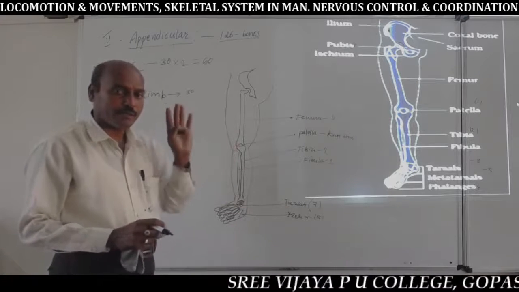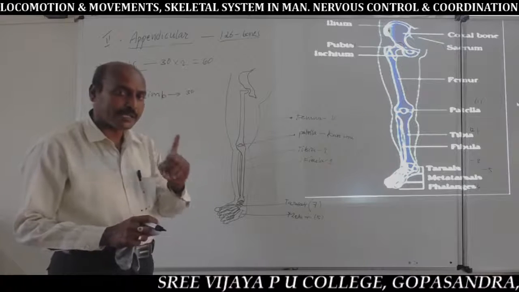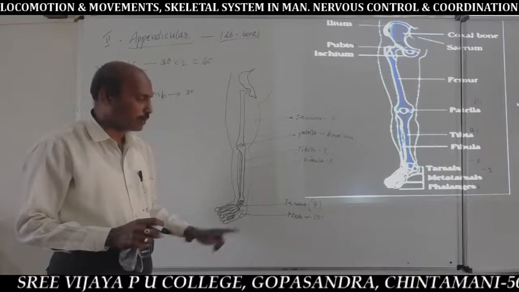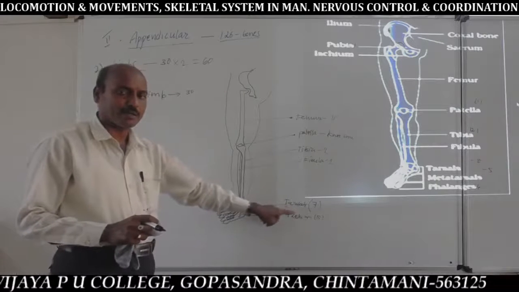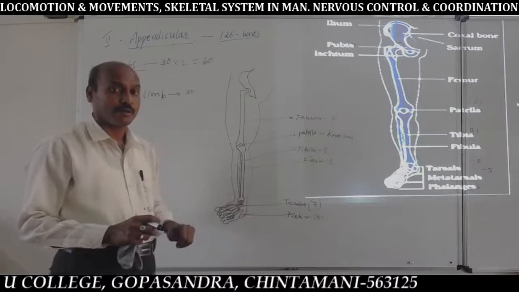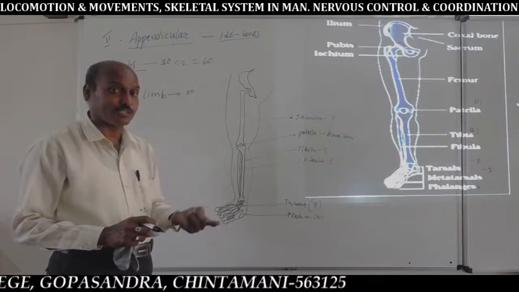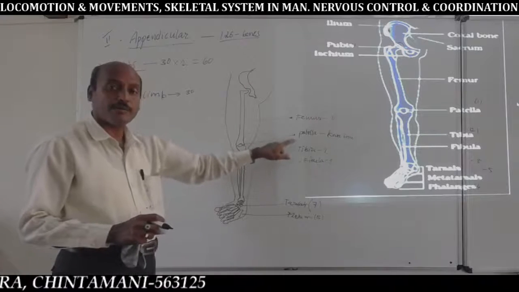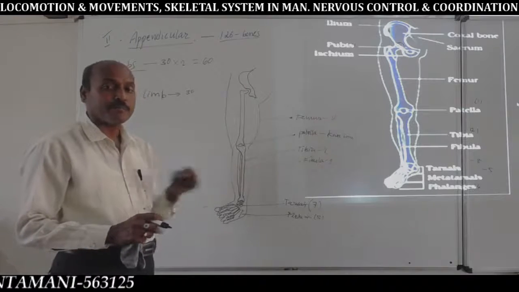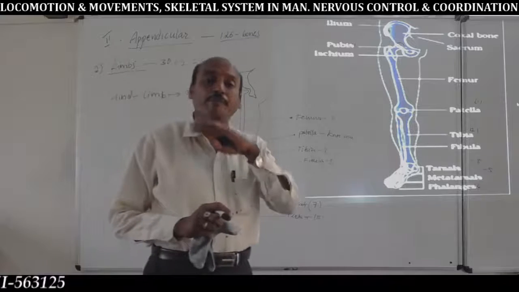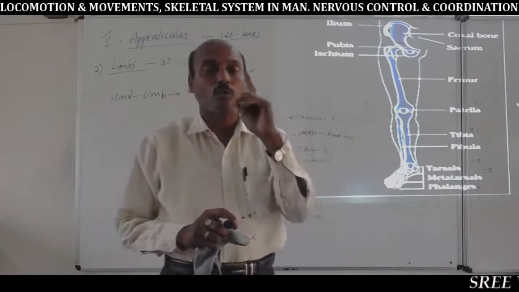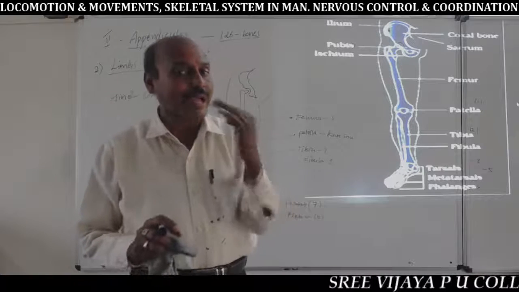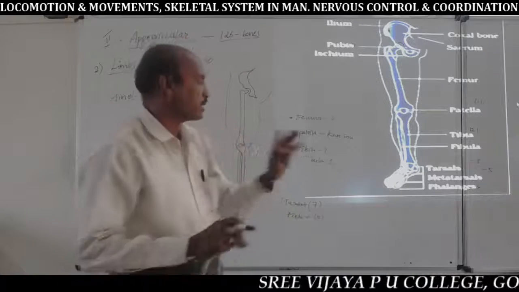Important term: in the forelimb, carpals are 8 in number, but in the hind limb, tarsals are 7 in number. In addition to 7 tarsals, one additional bone, the knee bone, patella bone, is present in the hind limb. It makes up for the one lacking tarsal bone in the hind limb.